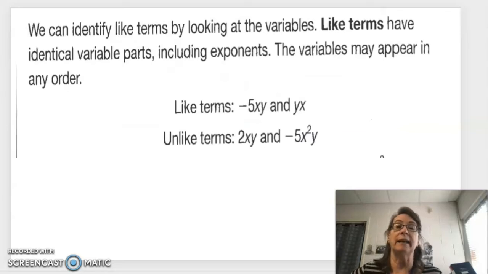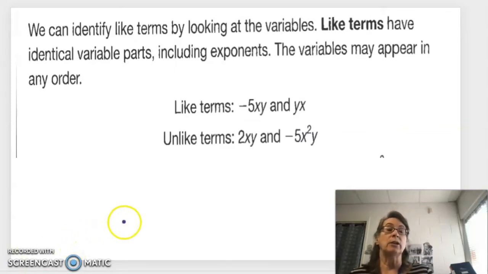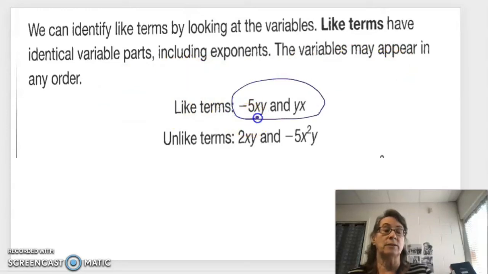We can identify like terms by looking at the variables. Like terms have identical variable parts, including exponents. The variables may appear in any order. So like terms are negative 5xy and yx, because remember, multiplication is commutative. xy and yx are exactly the same term.